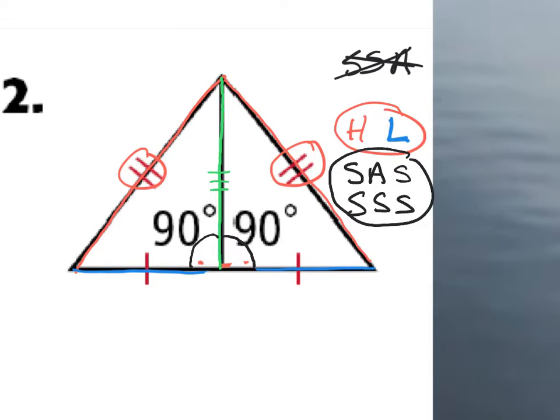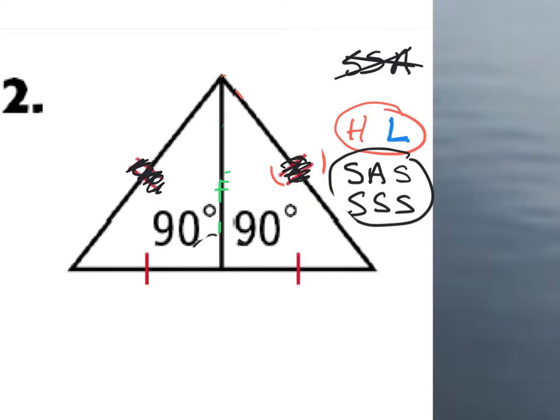Okay, so when she did SAS, she's basically ignoring, let me kind of go back for a minute. She has chosen to, and there's nothing wrong with this, ignore this line entirely. She's not even going to pay attention to it. She's not going to use it, so pretend it's not even there for a minute.